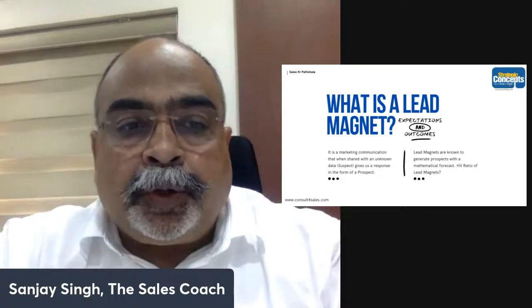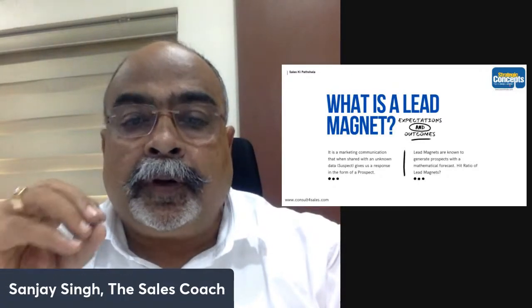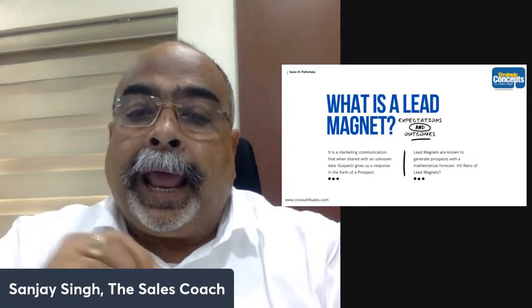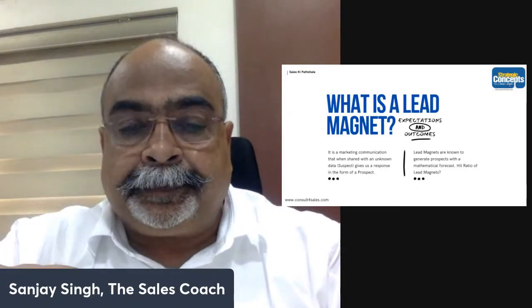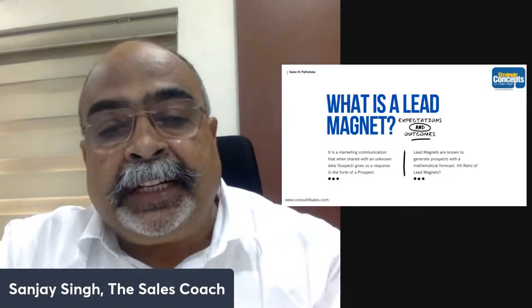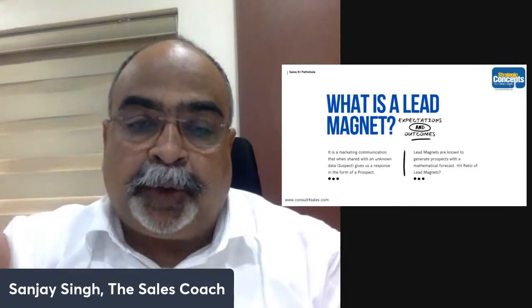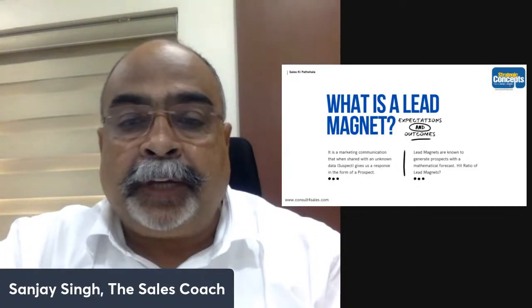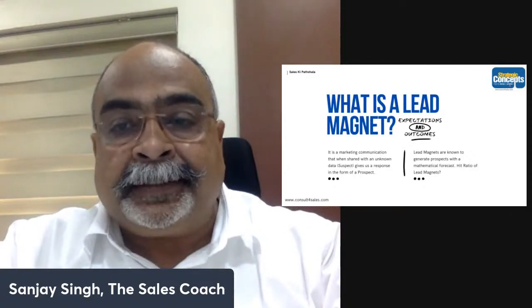But based on certain logic, when you feel that certain profile of people or certain market segments have the propensity of becoming your customer, you call them suspects. When you share a communication with the suspects in order to convert them into prospects, which means naturally aligned towards listening to you and your product, that's what a lead magnet actually does.